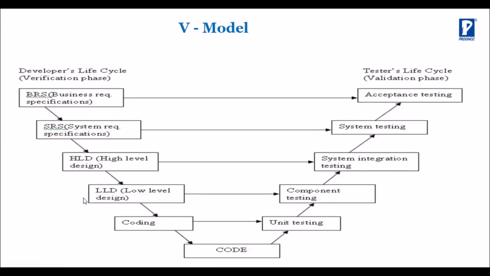Developers complete the development activity and then start the unit testing. Once the code is ready, the developer will start unit testing. That is the first phase of the STLC, or right arm. So the first level of testing is unit testing.